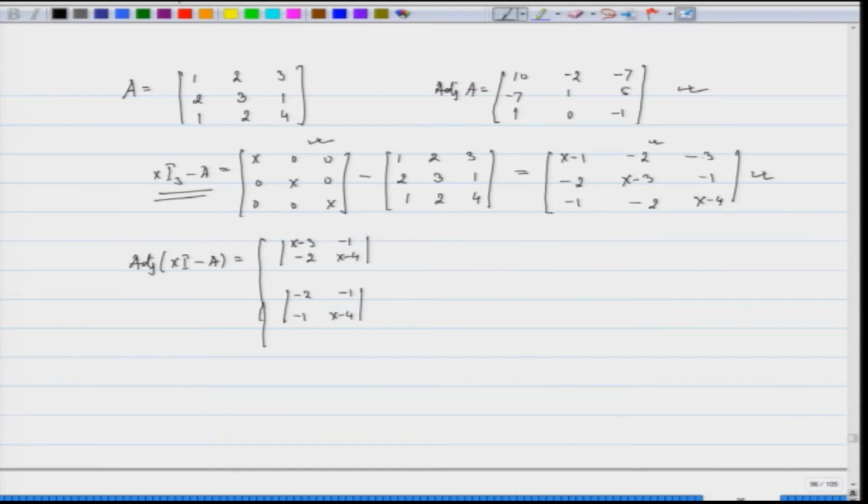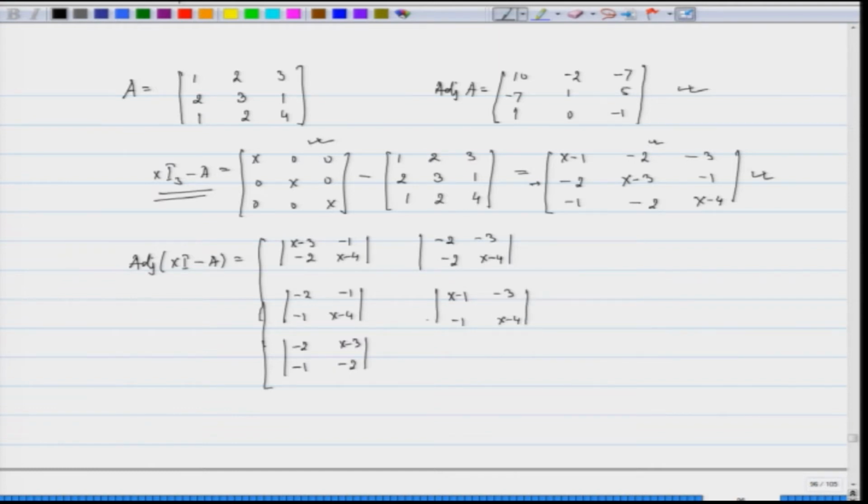Similarly, for this I look at minus 2, minus 1 and x minus 3, minus 2. Now the next one, I look at this part: remove this and remove this, so it is minus 2, minus 3, minus 2, x minus 4. Then the diagonal, remove this: x minus 1, minus 3, minus 1, x minus 4.